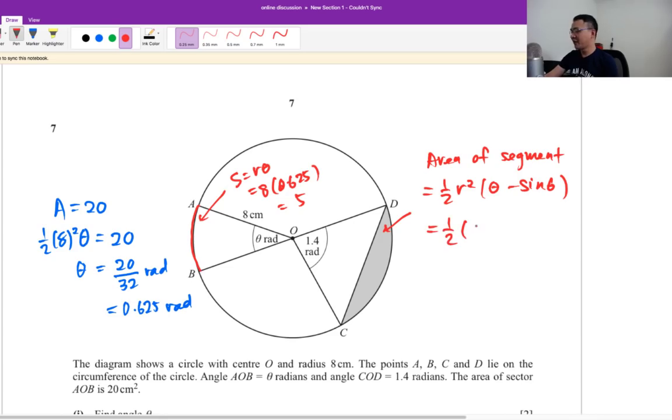So half r square, which is 8 square, theta, we just have the angle 1.4 minus sine 1.4. And remember, change your calculator into radian, then you can easily get the answer. So I will change my calculator to radian first, and then I will type 1.4 minus sine 1.4. Alright, and then multiply 32. So you should get 13.27 centimeters square.